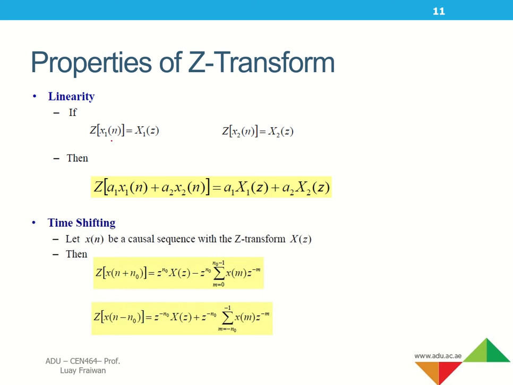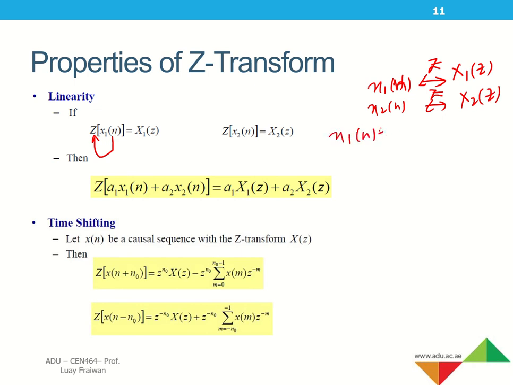Linearity is, for example, if we have one signal and we take its Z transform, we get X1 of z. If we have another signal and we take its Z transform, we get X2 of z. Now if I add these two signals and want to calculate their combined Z transform, one way is to first add them and then calculate the Z transform.